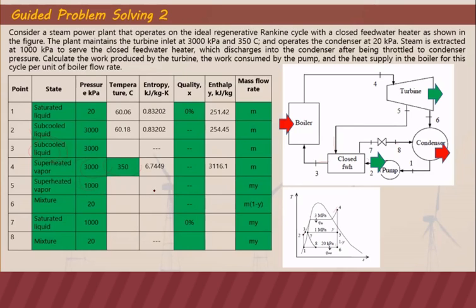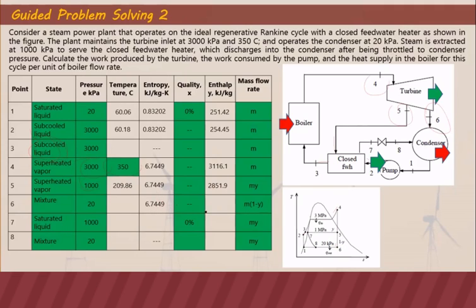Since 4 and 5 have the same entropy, we can use that entropy and the pressure to get the unknown at point 5. Then at point 6, points 4, 5, and 6 form a straight line, so that is an isentropic process, the same entropy for 4, 5, and 6.